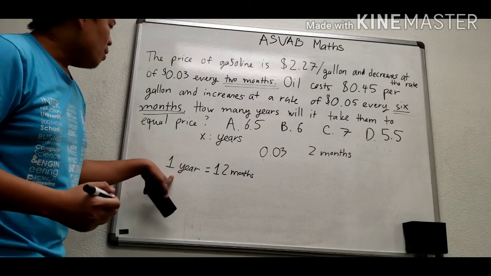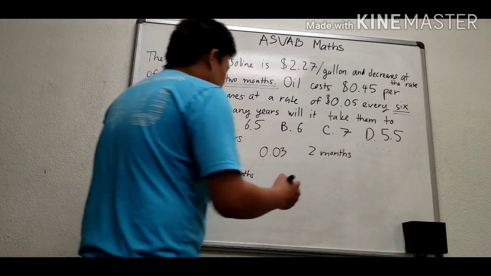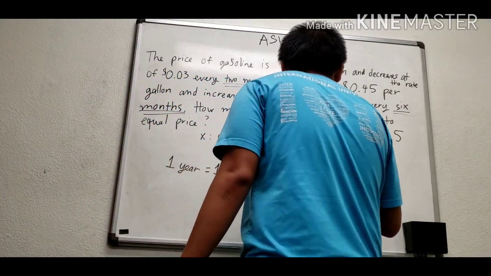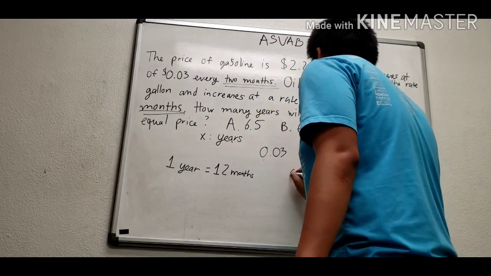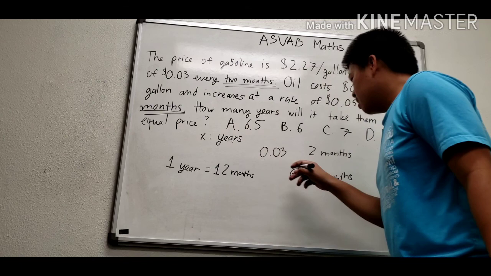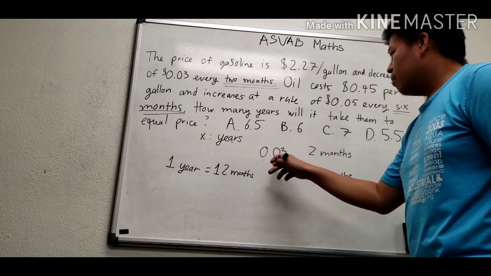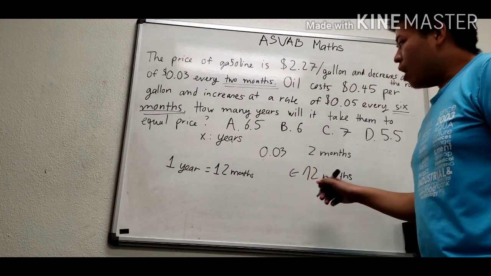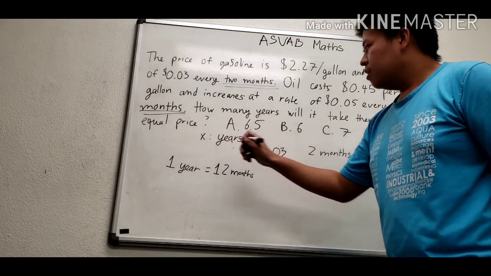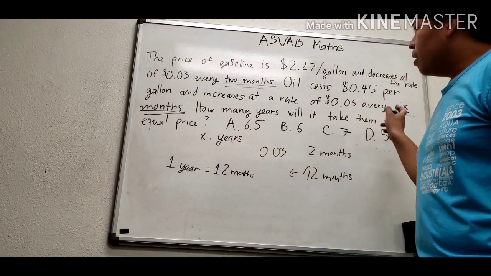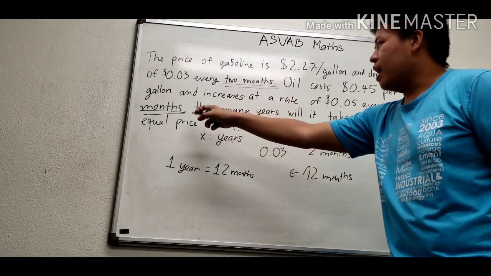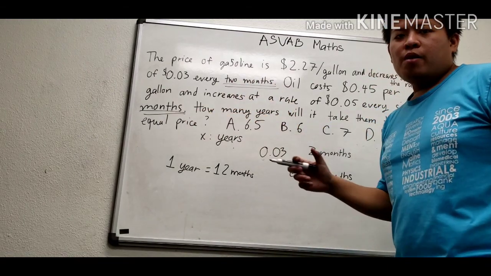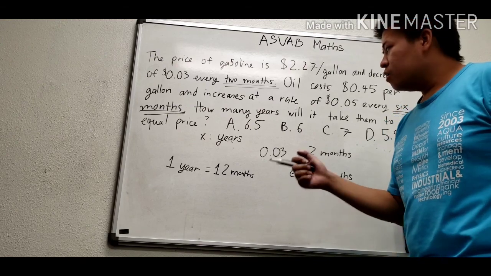So if we want to do the ratio, we will put the 12 months in here. Why do we need to convert to years? Because we need to convert to the same rate per year for both. So that when we do the equation, it is so simple.